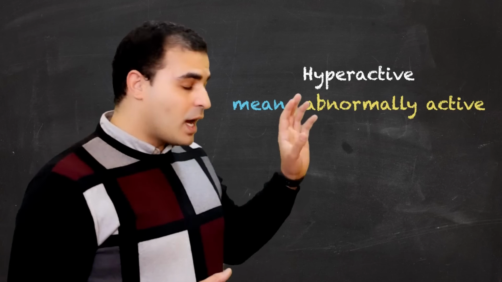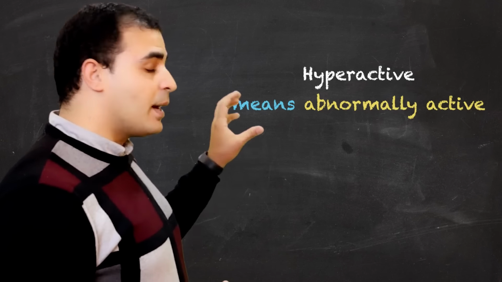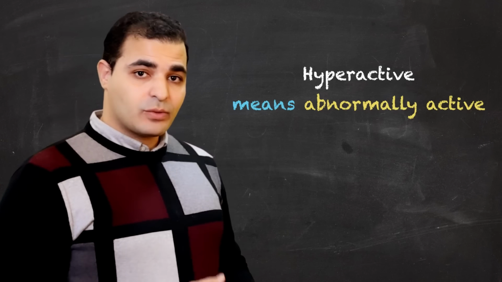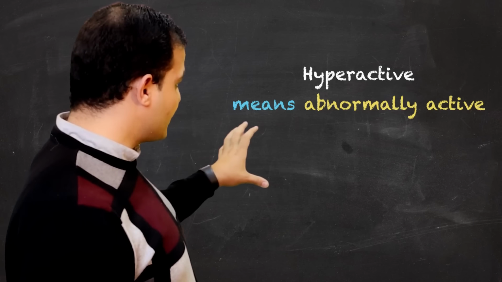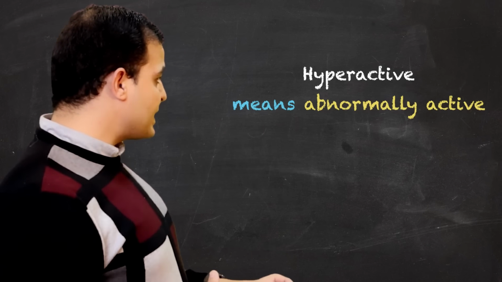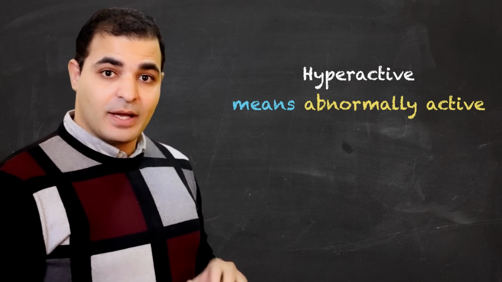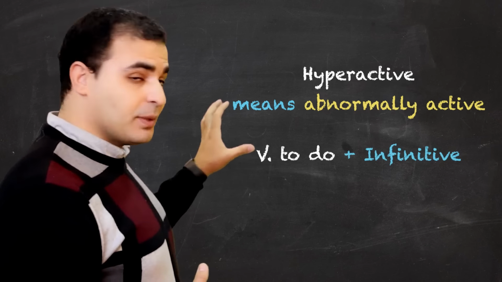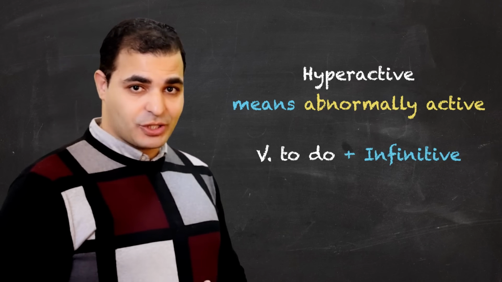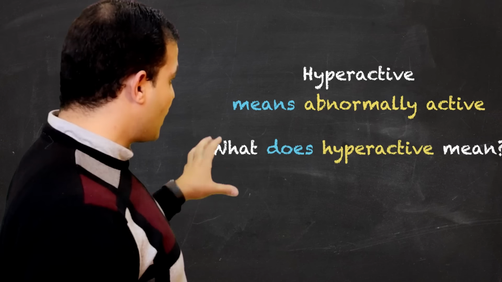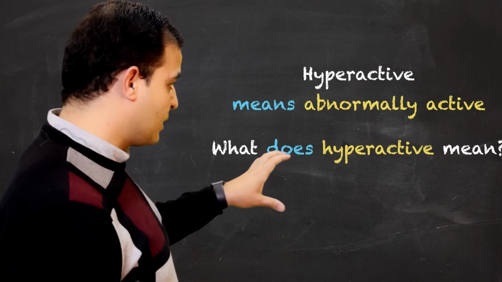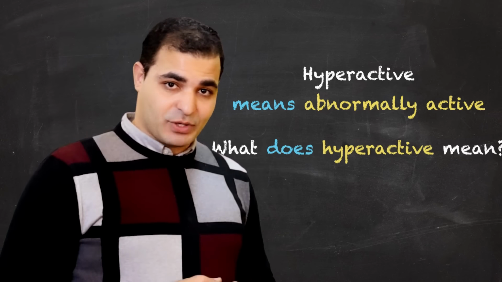Example: Hyperactive means abnormally active. Now, to form a question about this sentence, we look at it and find out that there are no other auxiliary verbs. Alright, we should use the verb to do plus infinitive. The question should be, what does hyperactive mean? Not what means hyperactive.